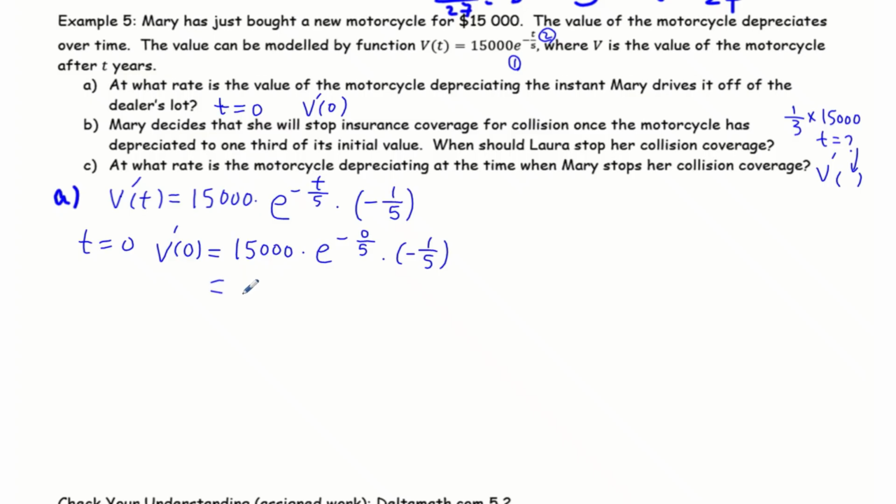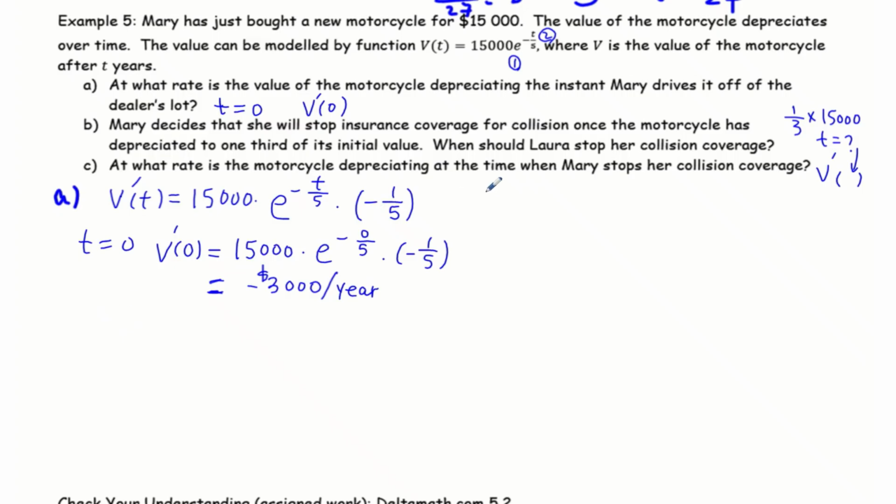It will give you negative 3,000. What this means is, the unit is dollars per year. So every year, at the very beginning, it drops 3,000 already.